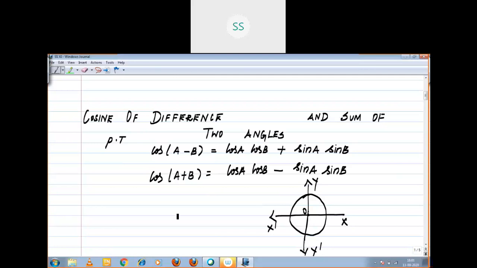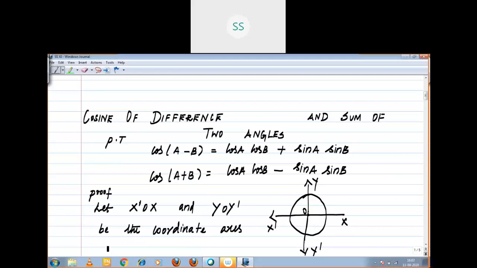First, let X'OX and YOY' be the coordinate axes.